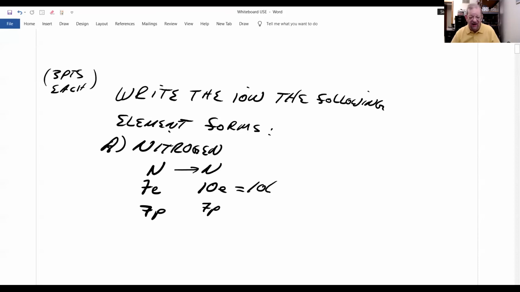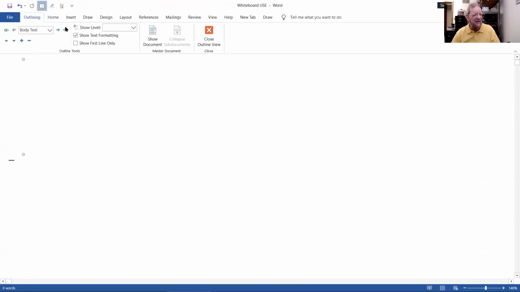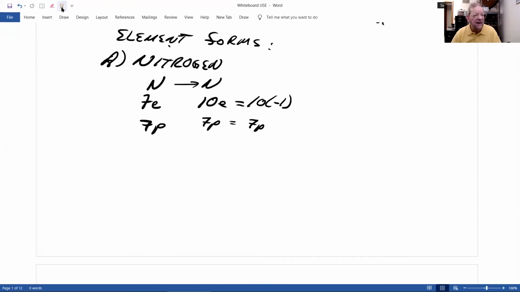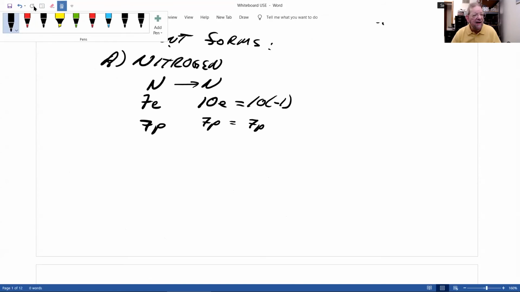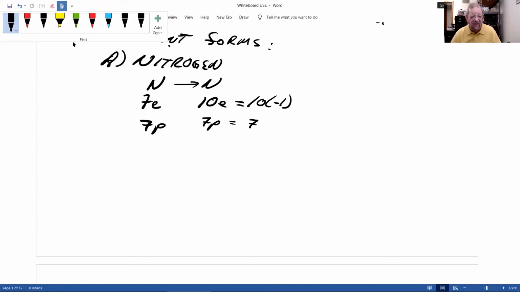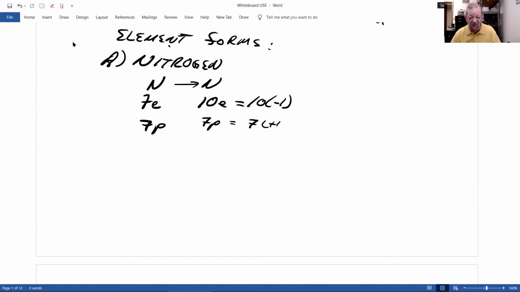Remember, each electron is a -1. Each proton is a +1.